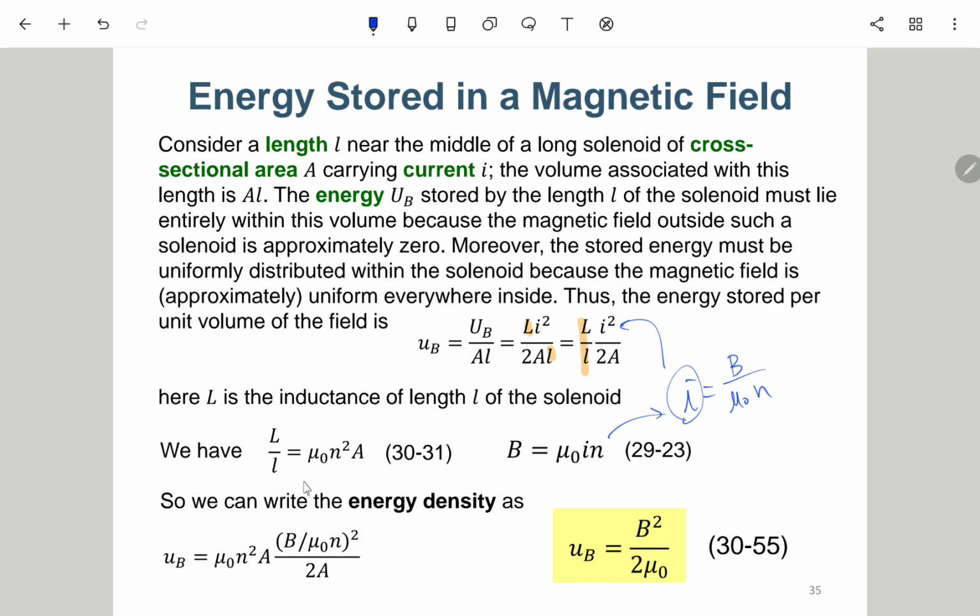So finally we have u_B equals big L over small l, which is mu 0 n squared A, times i squared over 2A, where this i is B over mu 0 n, quantity squared, over 2A.